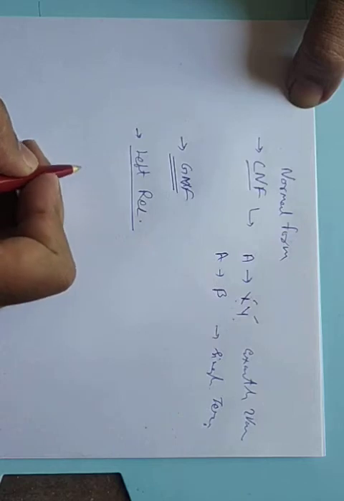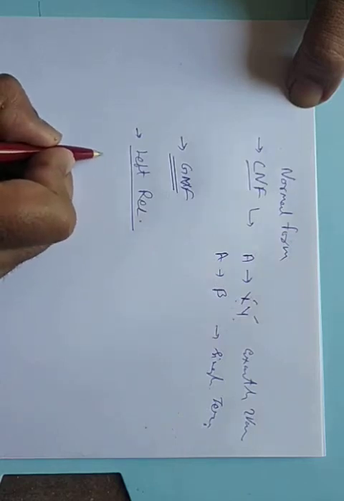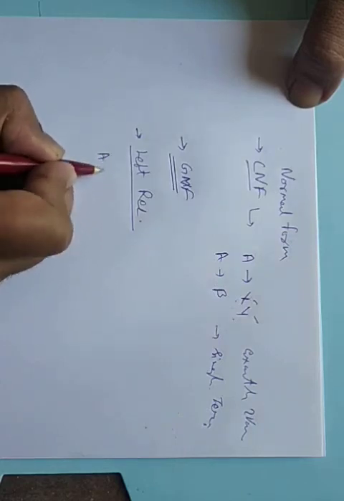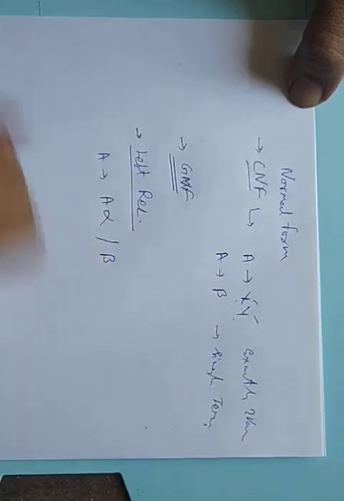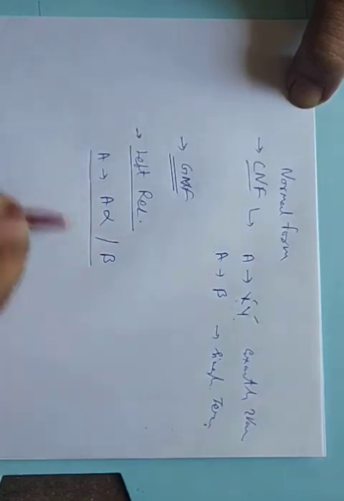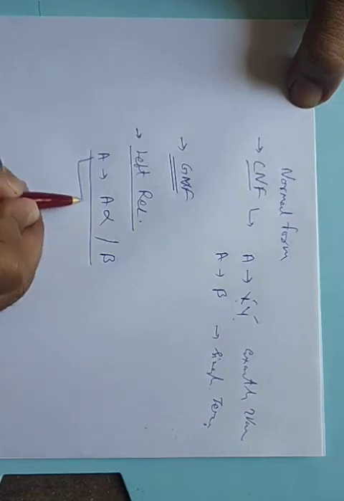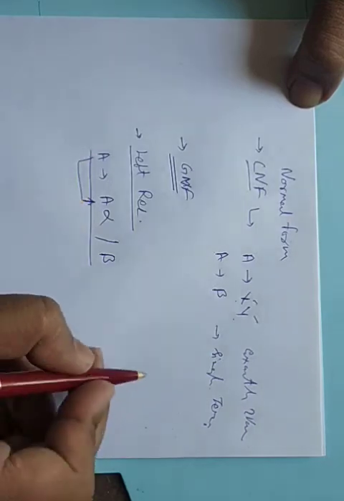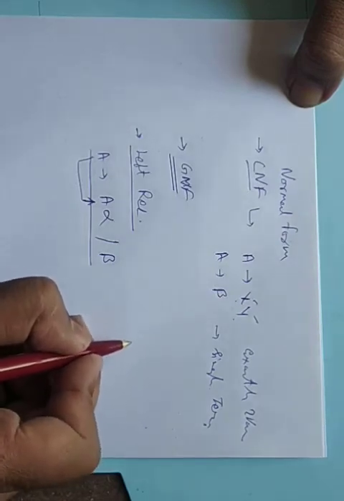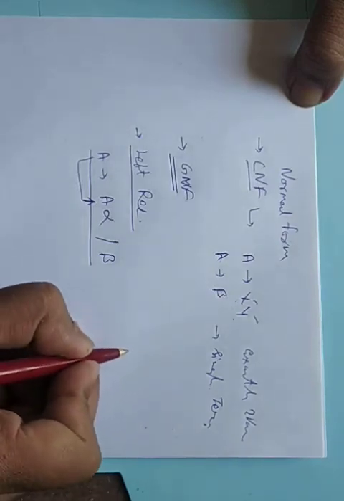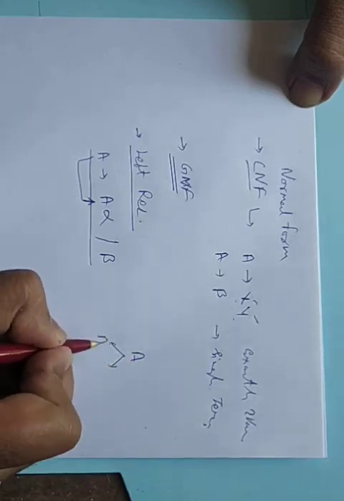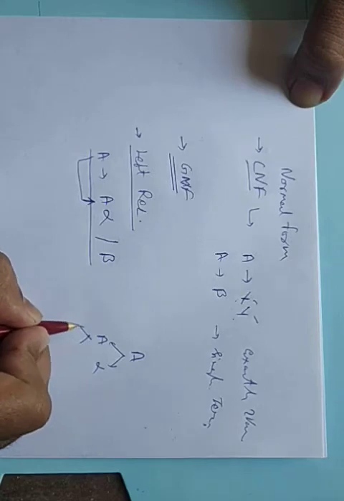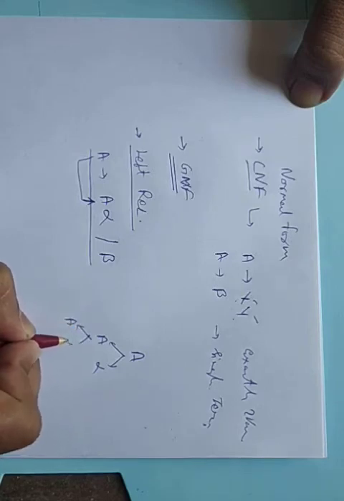For example, suppose you have A produces A alpha slash beta. Now what will happen here? Here A is calling itself. So once I try to derive any particular string, it will start with A produces A alpha, then again A produces A alpha.